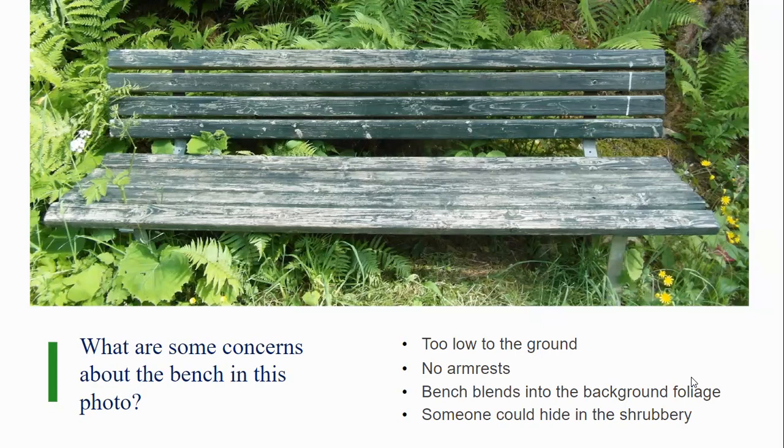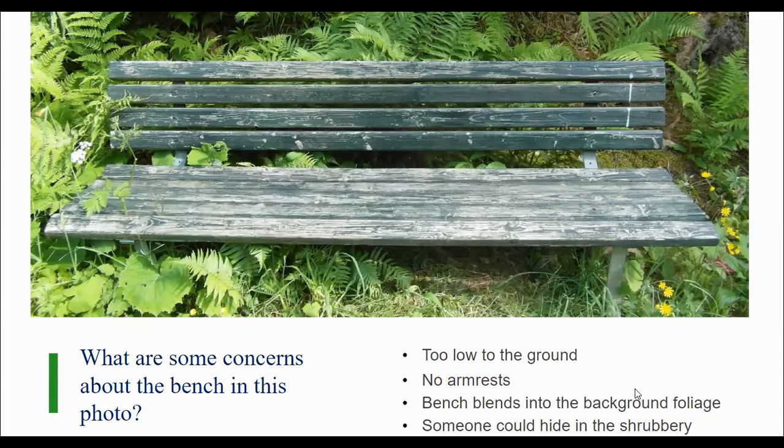There are no armrests. Often older adults will say that they would really only sit on a bench with armrests, and they sit next to the armrest so that they have some leverage to help them get back up more easily. And certainly, having a backrest is needed just for comfort.